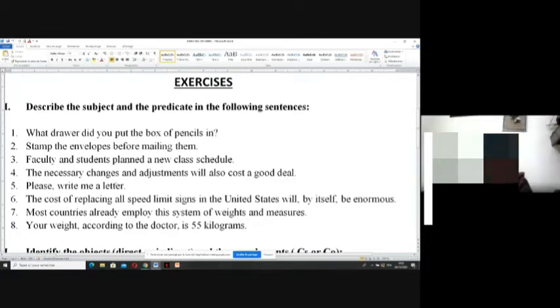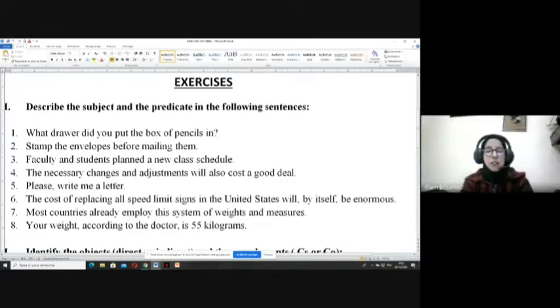If you have a question and you want to see where the subject is, you should change the sentence into a statement, into an affirmative structure. So here you is the subject and all the rest of the sentence is the predicate. Next sentence, please.